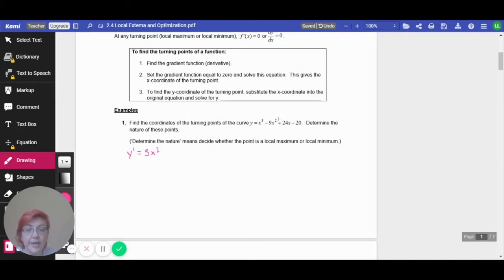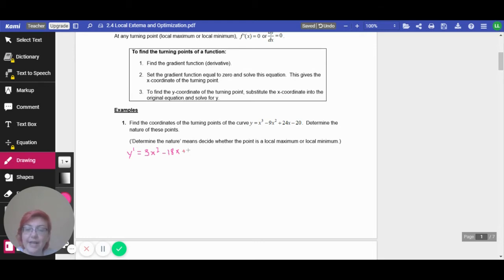Moving on to n is 2. A is negative 9. 2 times negative 9 is negative 18. And x to the 2 minus 1 is going to be x to the 1, or just x. 24 is a, x is 1, n is 1, because it's x to the 1.